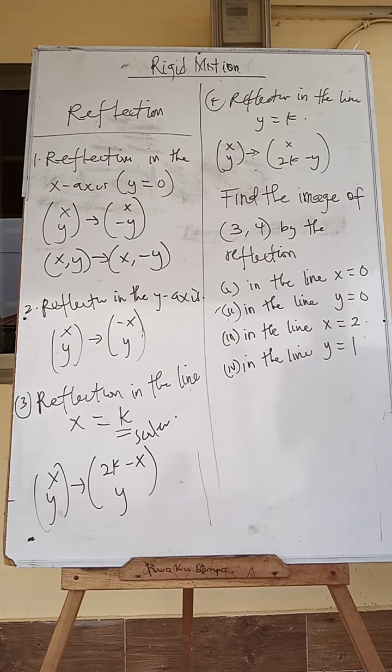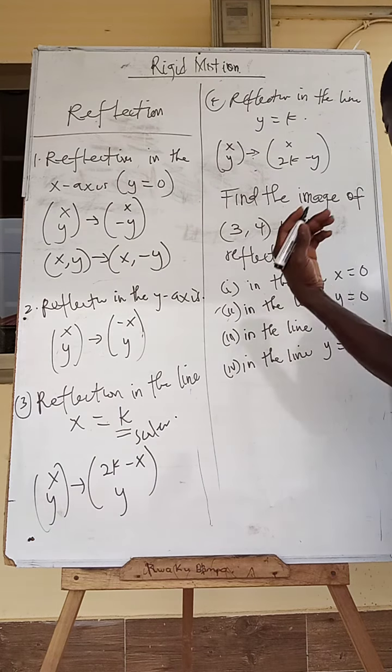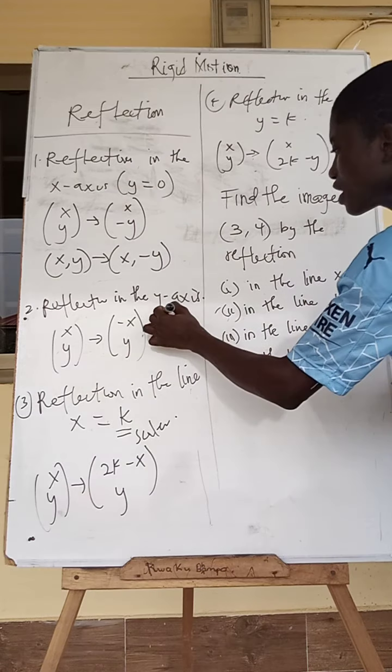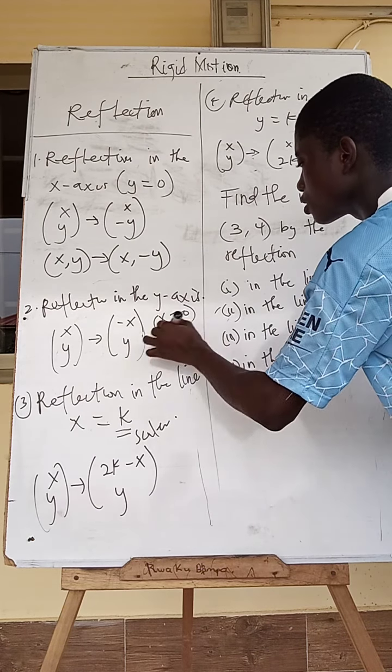All right, look at this example. Here you have to find the image of the point (3, 4) by the reflection, and the first one says we are reflecting in the line x equals 0.